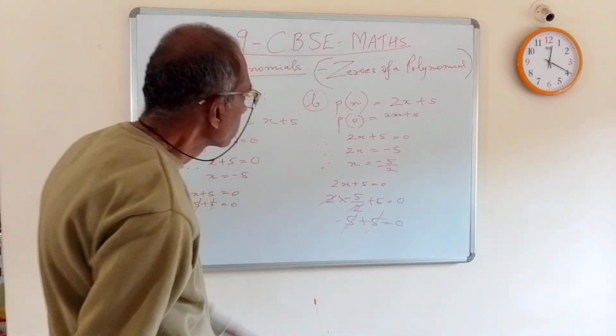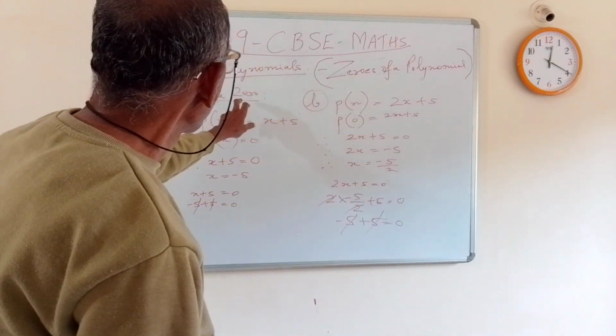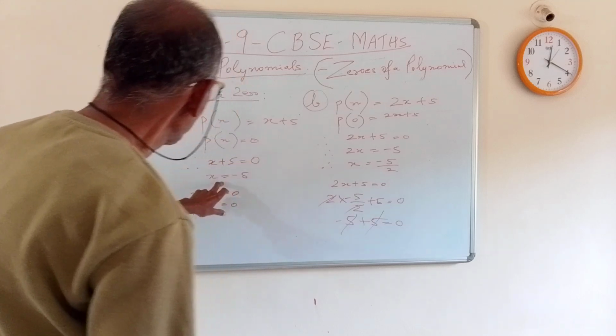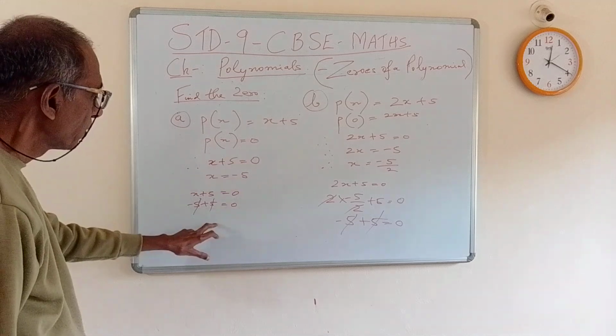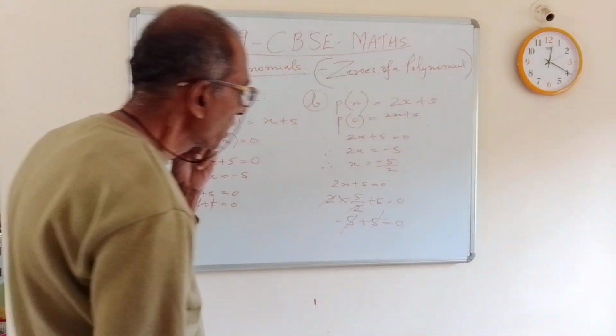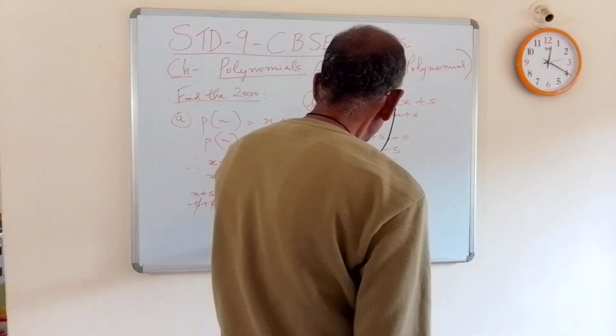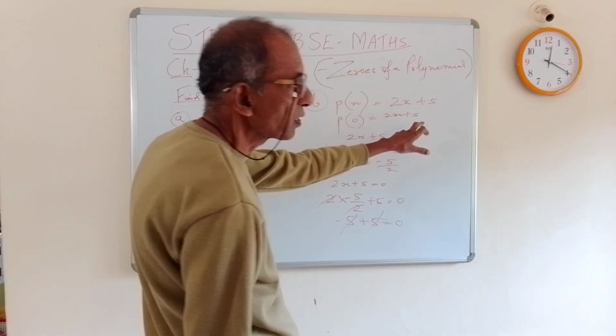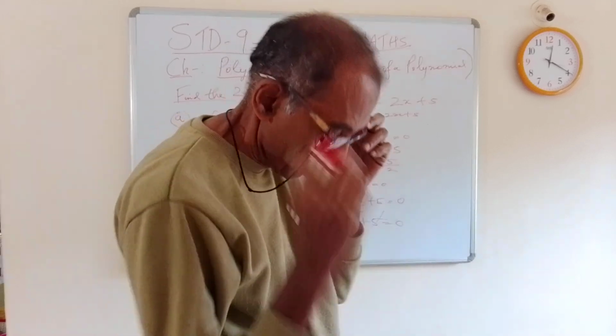You got it? So here we have found the zeros. If we take here the value of x as minus 5 upon 2, for this expression we get it as a 0. Got it?